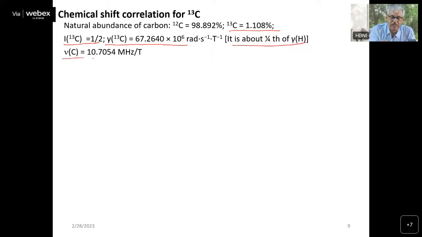The precessional frequency of carbon is 10.7054 megahertz per Tesla. So the major difference is in the natural abundance as well as the gyromagnetic ratio.